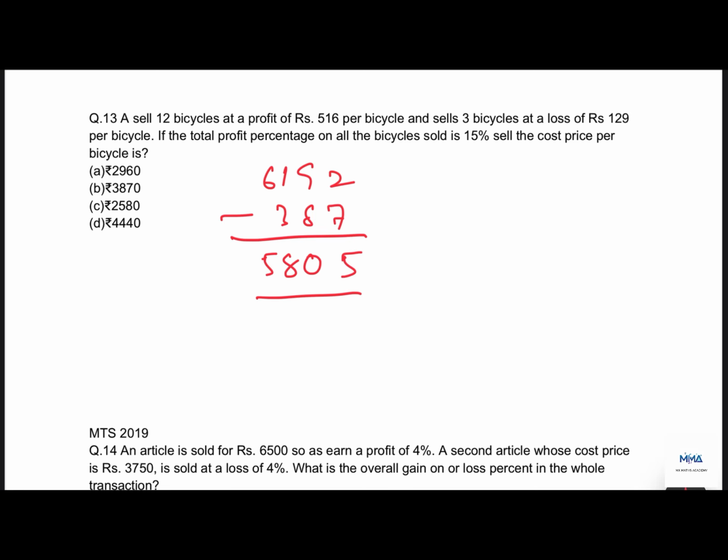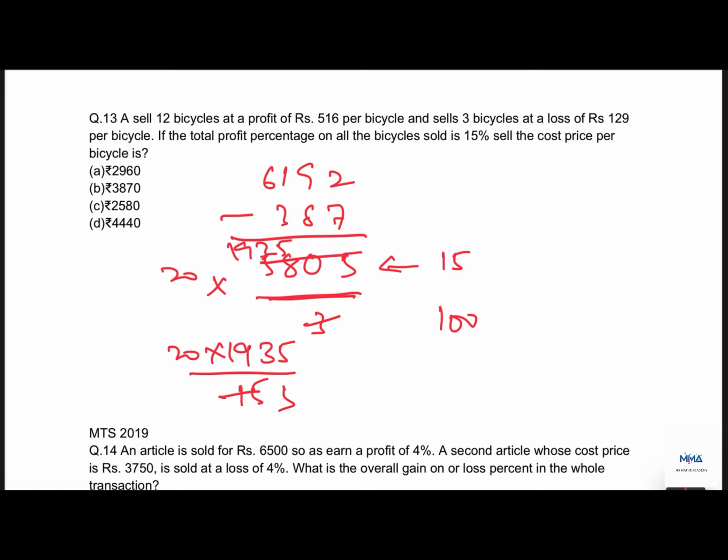We know that this is 15% of the total cost price, since this is the profit. We need to find out 100% of this. So you divide this by 3 and multiply this with 20, 3 19s, 3, 5. And since this is the cost price of 15 bicycles, we have to find out the cost price of each bicycle. 5 3s, 5 4s, 3 6.